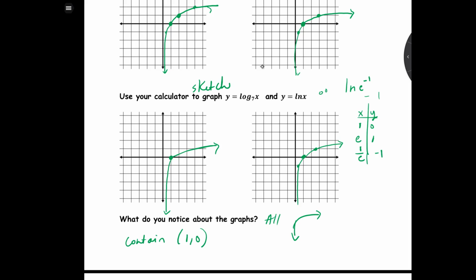And they are approaching the y-axis, therefore they have a vertical asymptote at x equals 0. Any questions on that so far?